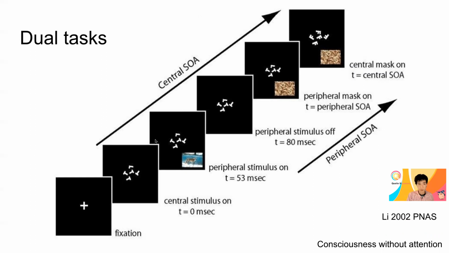So this is just to remind you what the dual task looks like. Typically, there is some kind of stimulus and task at the center that exhausts all the attention. Then you are presented with some kind of stimulus at the periphery that may or may not require attention. If you can do both the central and the peripheral task, that means the peripheral task does not require attention, but the central task sucks up all the attention.